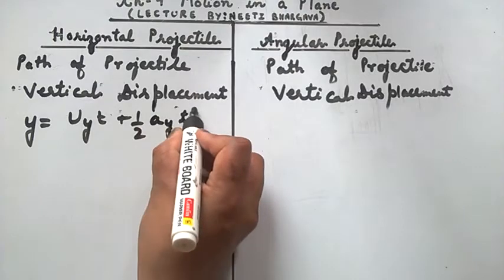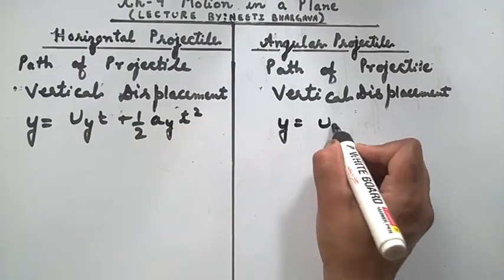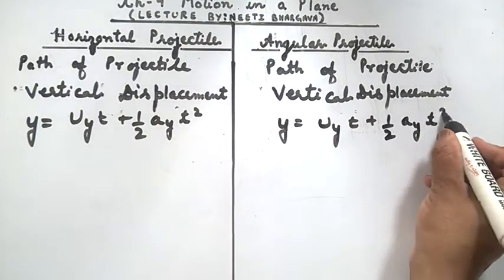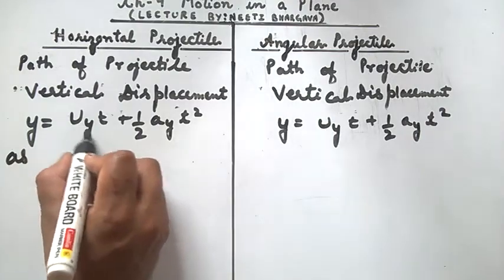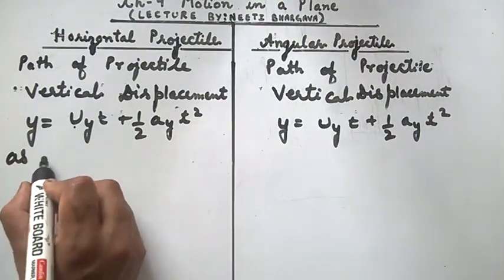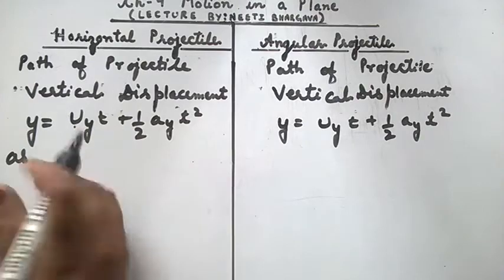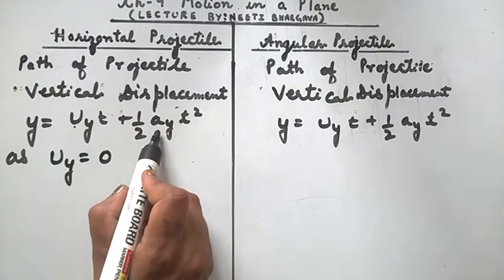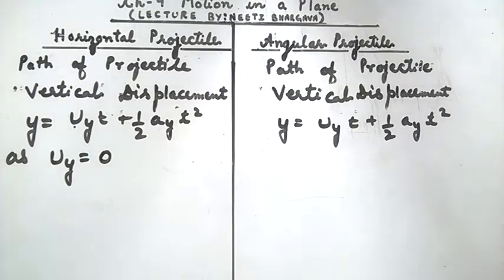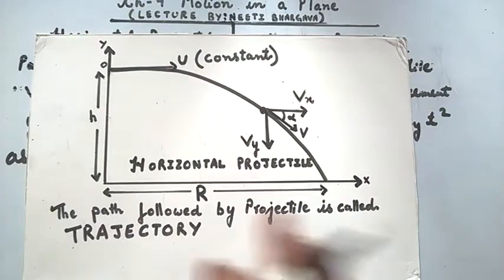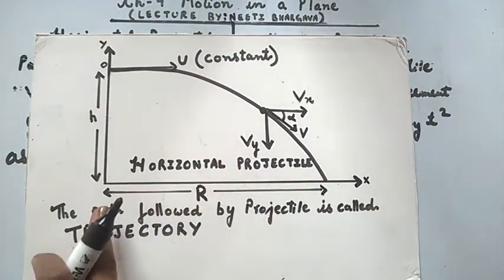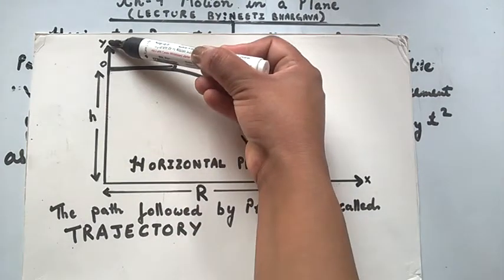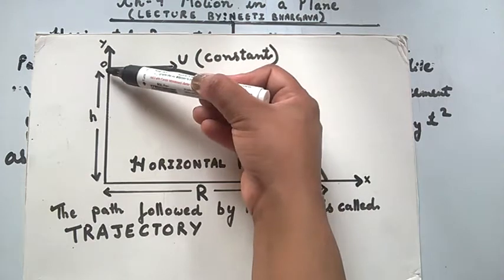Here also it is the same. Here the initial velocity in the y direction is 0, as uy equals 0, and acceleration along the y direction in horizontal projectile motion is equal to minus g, as here in this case we are considering this as positive y-axis, and after point O it is negative.